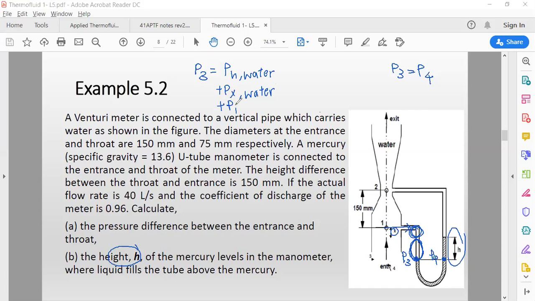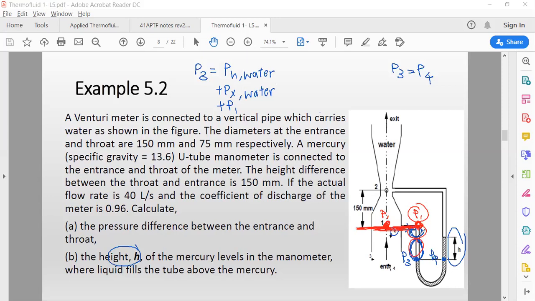Some of you might be wondering, how come Mr. Lau is drawing this arrow here? Remember, fluid at the same height has the same pressure. So if this point here is P1, here must also be P1. So everything on top of P3 is P1 plus pX plus pH.